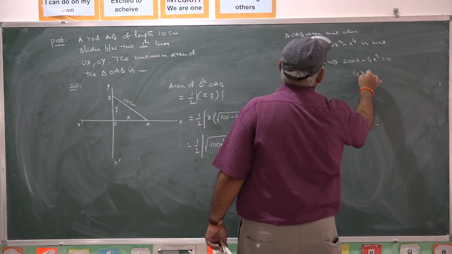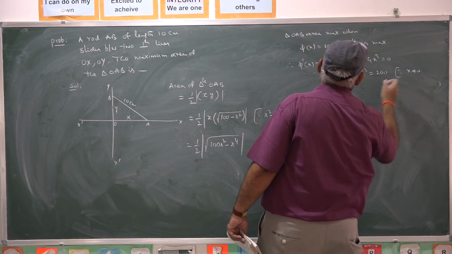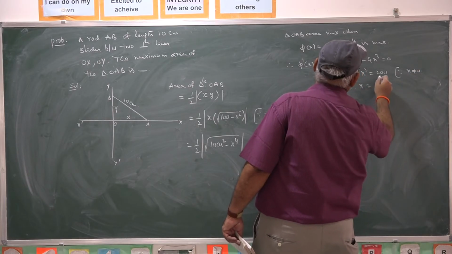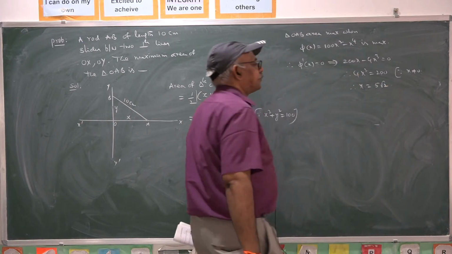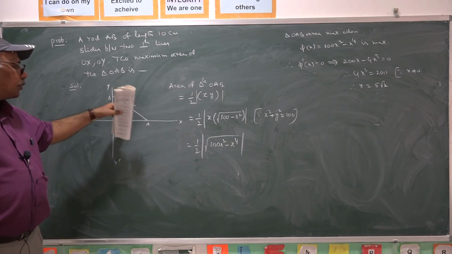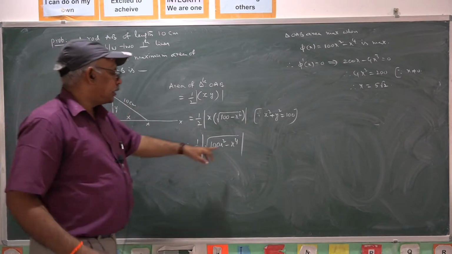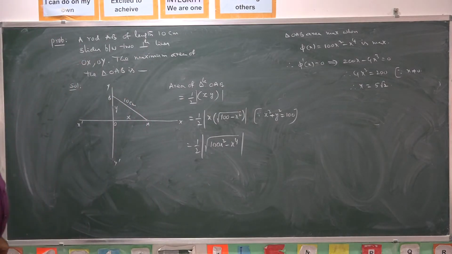Hence, 4x square is 200. Since x is not equal to 0, x takes the value root 50. Root 50 means 5 root 2 itself. Once this length is 5 root 2 only, this is maximum.